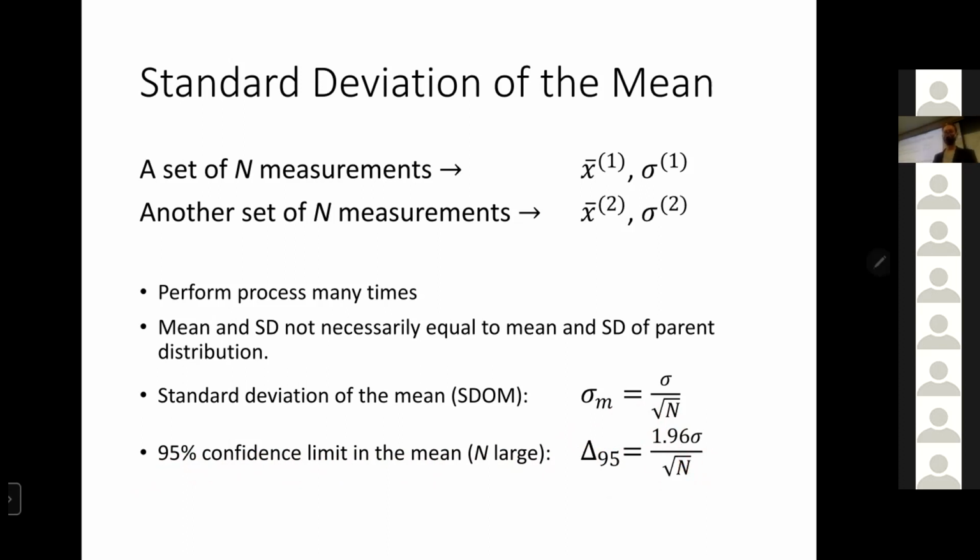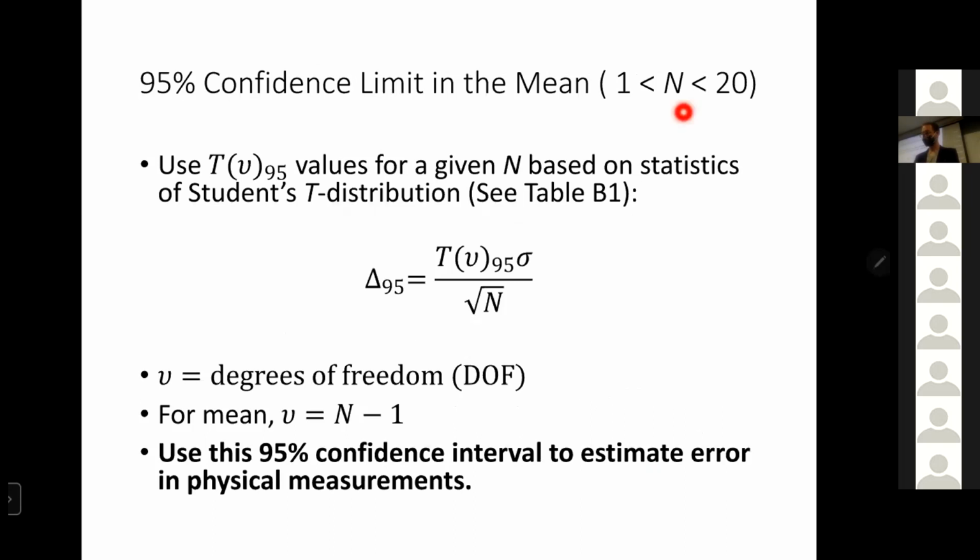Okay, but most of the time in the lab, we only take a finite number of measurements. If you have a relatively small sample set, you actually cannot use this formula. Instead, if n is between about 2 and 20, you need to use what's called a student t factor, which is denoted t of nu sub 95.